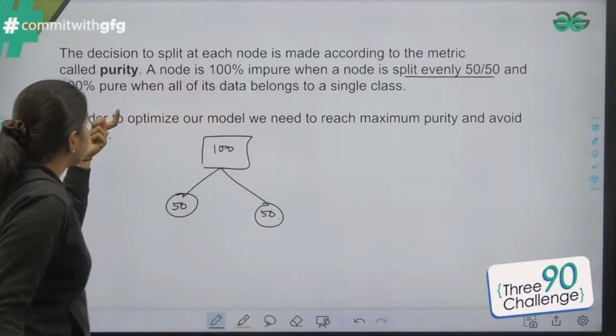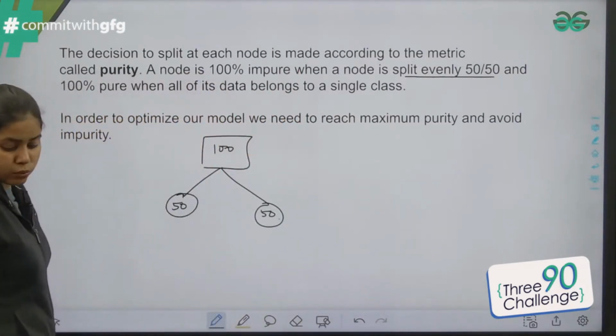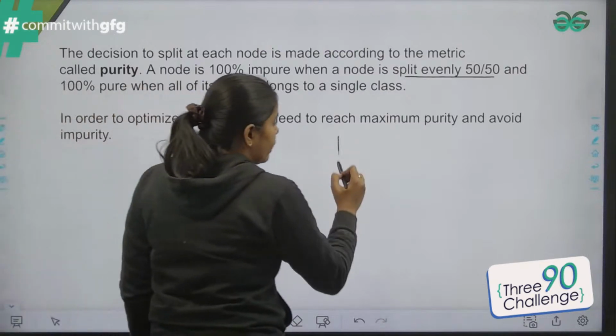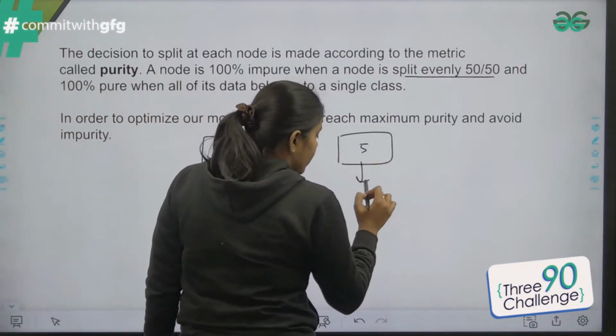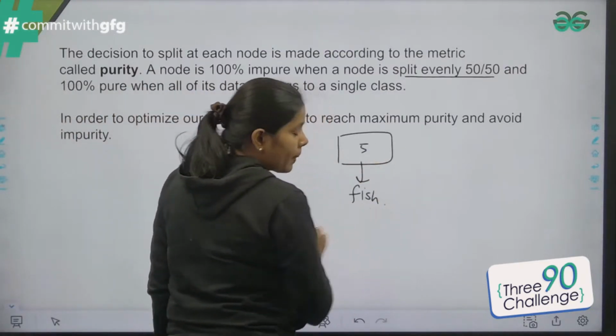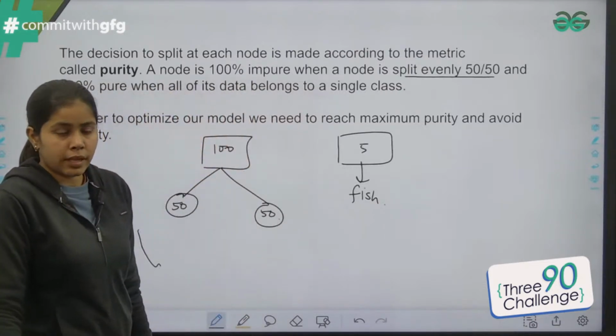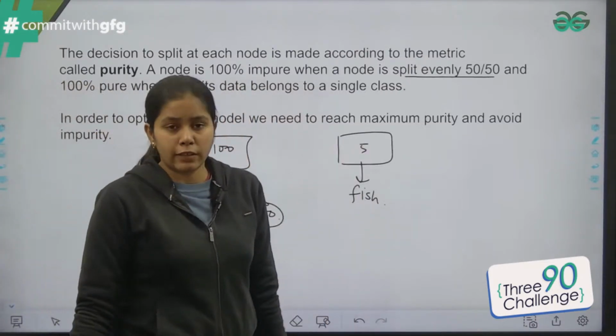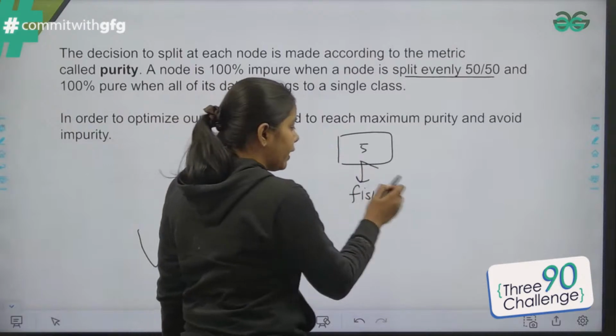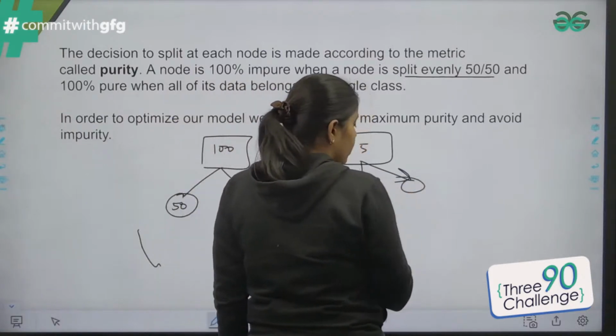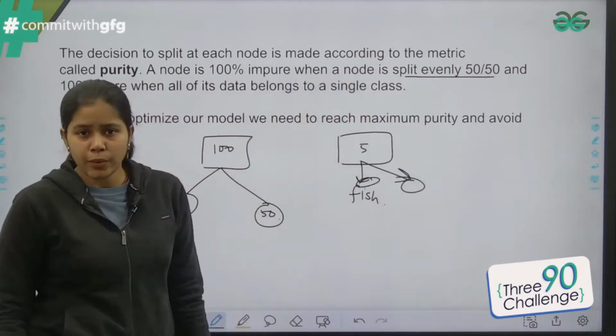Pure split is when all of its data belongs to a single class. So let's suppose I get 5 here and all 5s are fish, then it is my pure split. I do not have to divide these 5 values. If I have to divide it into 3 and 2 or like that, then it would be an impure split.